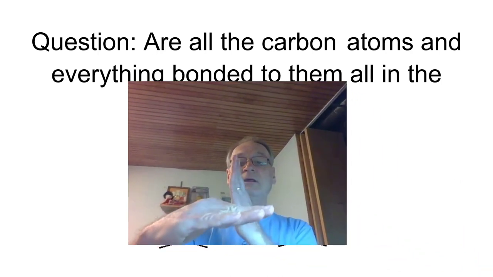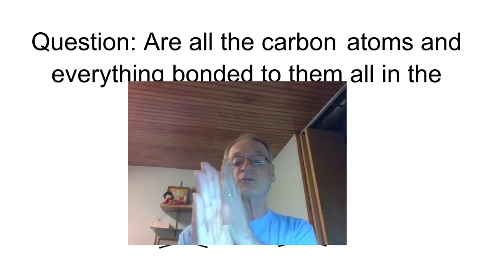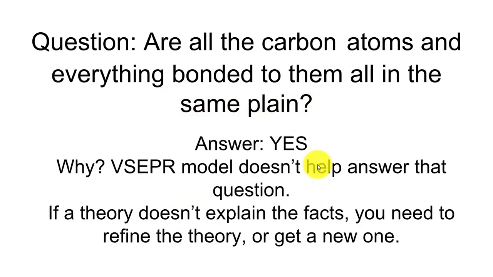In other words, this structure, is it this way or is it this way? Notice in this molecule, this being a 3D model of the ethylene molecule, that both carbons are flat, and notice that the plane of carbon number 1 and carbon number 2 are in the same plane.